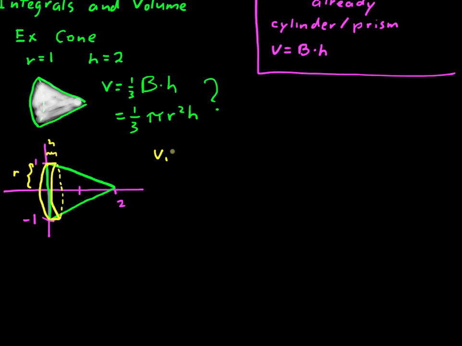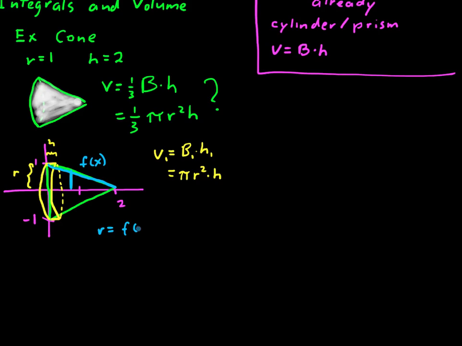So the volume for one cylinder, so I'll say volume 1, because we would have many, this looks like about 8 would fit in, will be still base area times the height. In this case, it is going to be pi r squared times height. But if we look at this in a little different light, for any one of my cylinders, this radius will actually equal this function.